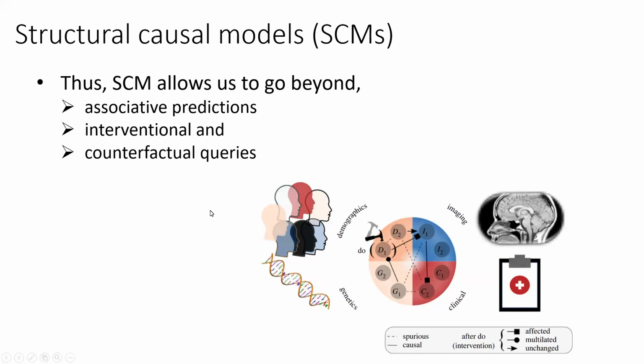And then the do-calculus introduces the notion do(D1) to denote a system where we have intervened to fix the value of D1. Thus, SCMs allow us to address problems like associative predictions, interventional, and counterfactual queries.